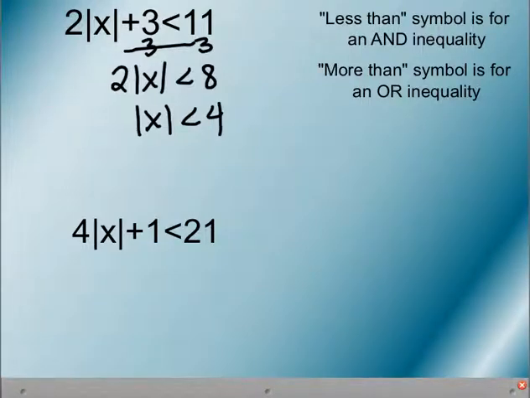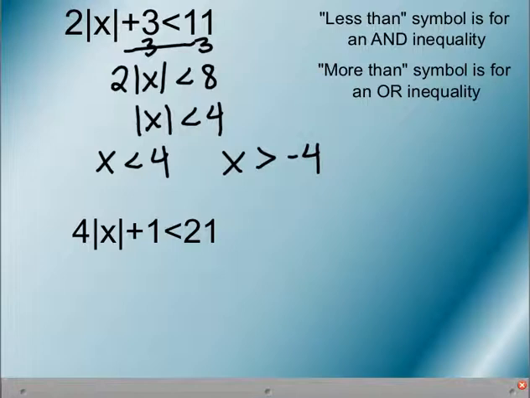So I have the absolute value isolated now, and I need to split it up into 2 different inequalities to say x, so whatever's inside of the absolute value, is less than 4. And then I have another one. I have x is greater than, we switch the sign, and we use the opposite of the number, negative 4. Which now, I already have the x by itself in this case.